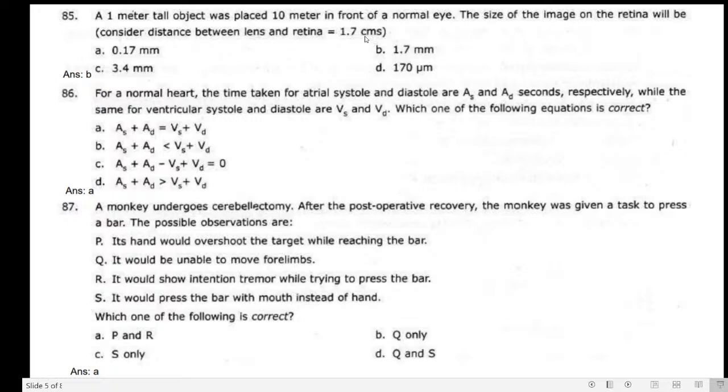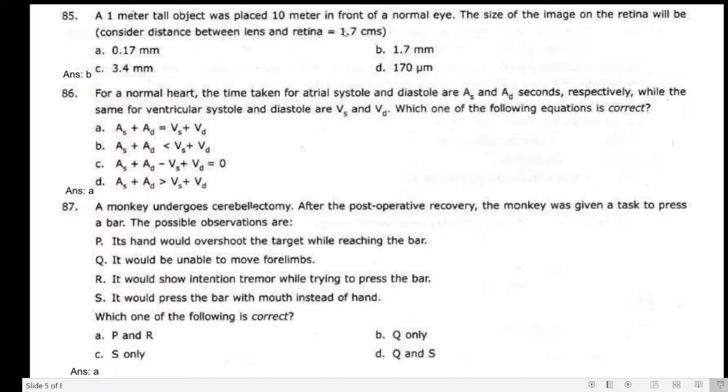Now, how can we calculate that? They mention centimeters. First they mention 1 meter, 1 into 10. In this, they mention 1.7 cm, so divided by 10, that makes 1.7 mm.